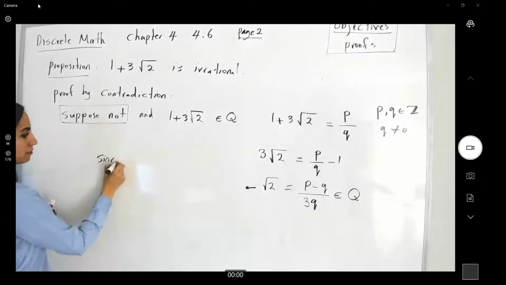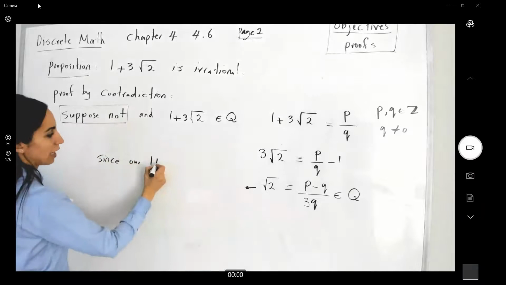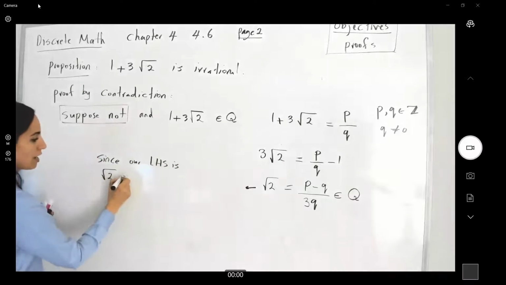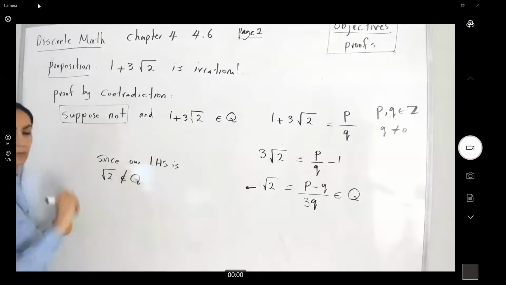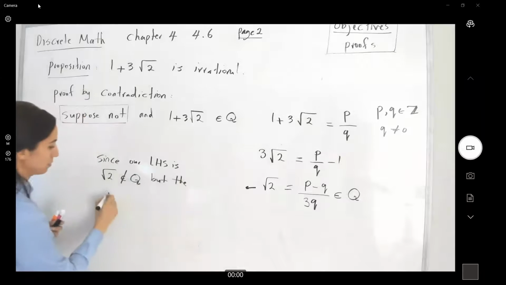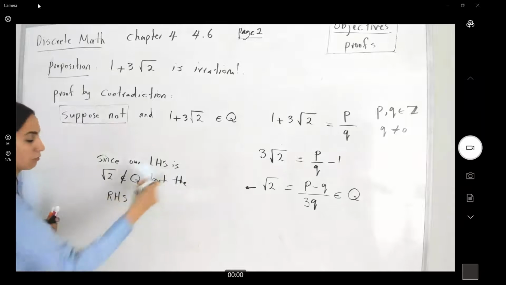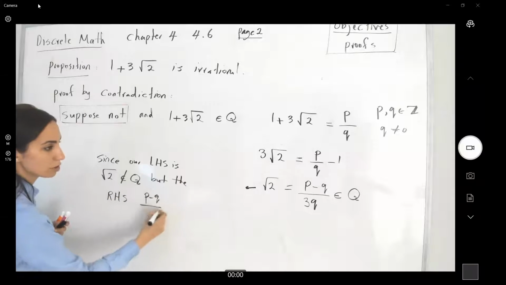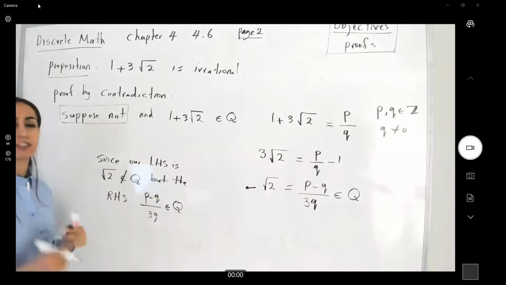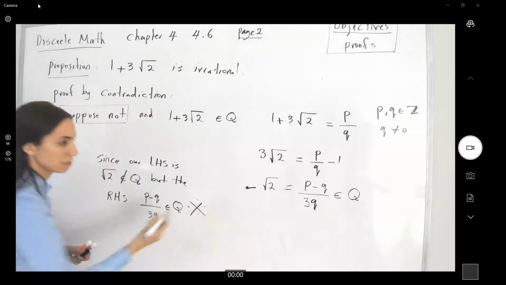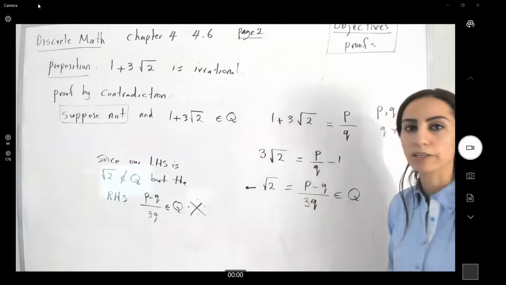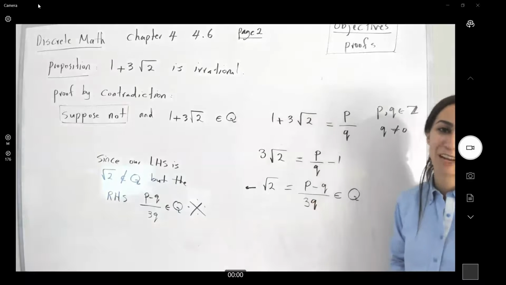Since our left-hand side is square root of 2, which is not a rational number, but the right-hand side, p minus q divided by 3 times q, is rational, we reach a contradiction. You have an equality between two numbers, one of them rational, the other irrational.